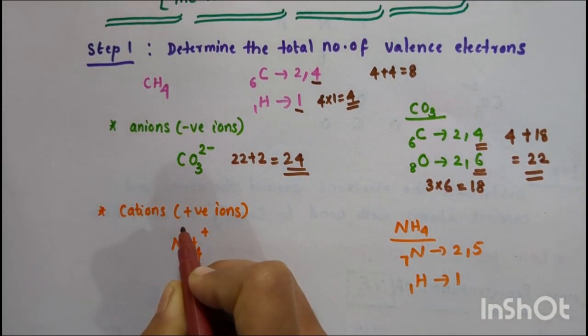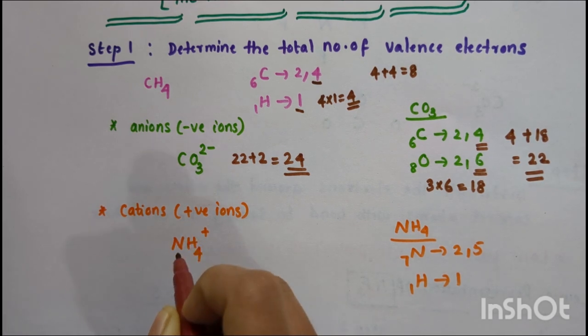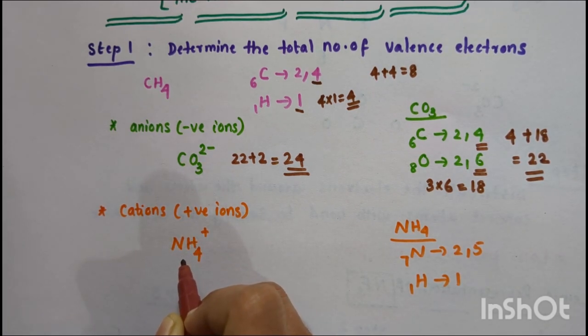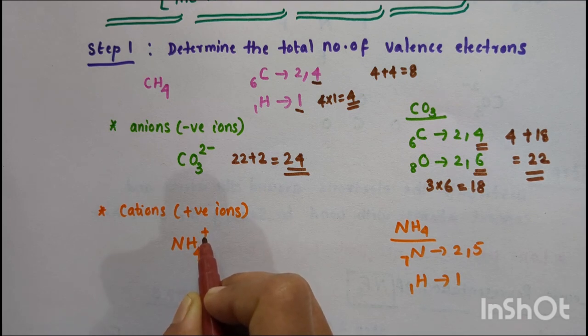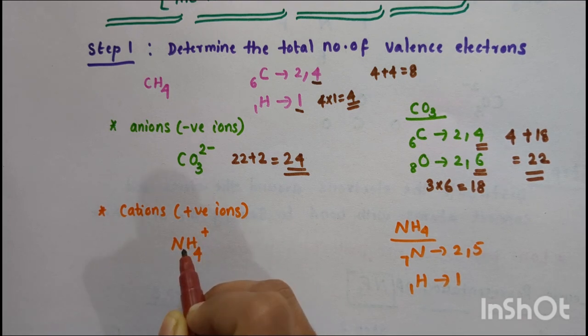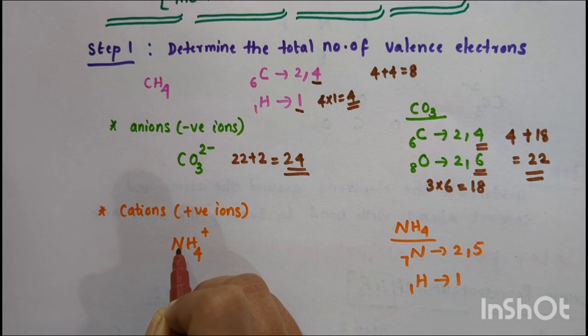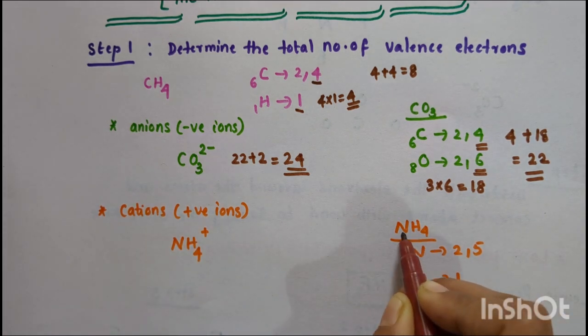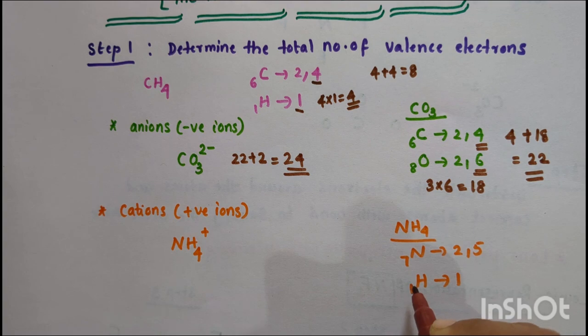Now, let us consider a cation, a positive ion, which is NH4 plus. The NH4 plus ion has one positive charge here, which indicates the loss of 1 electron from the group of neutral atoms. That is, the neutral form of NH4 plus is simply NH4. There is one nitrogen atom and 4 hydrogen atoms.